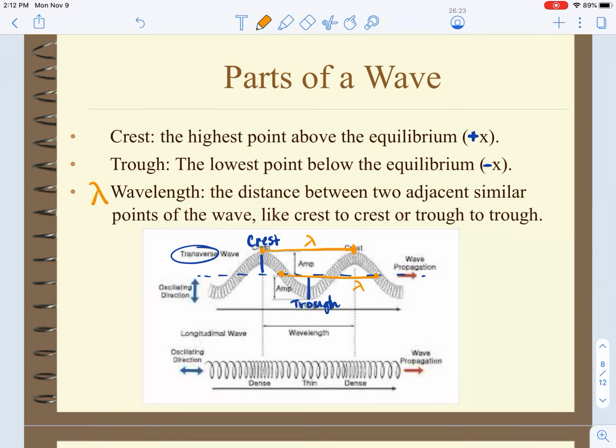So wavelength is a variable that we are going to use in future calculations. So there is our symbol, it's the Greek letter lambda, and it is a length, so we are going to continue to measure that in meters.